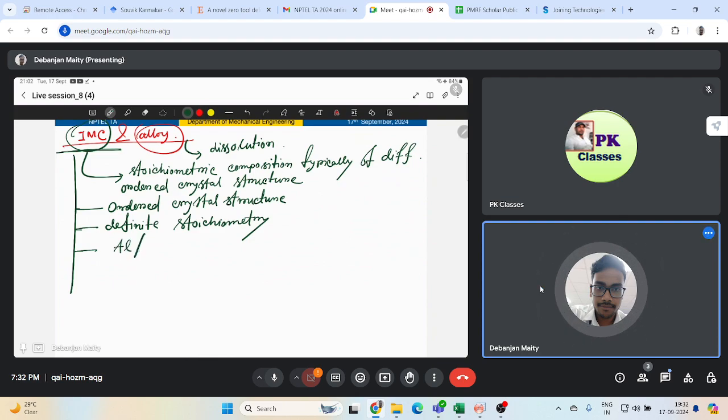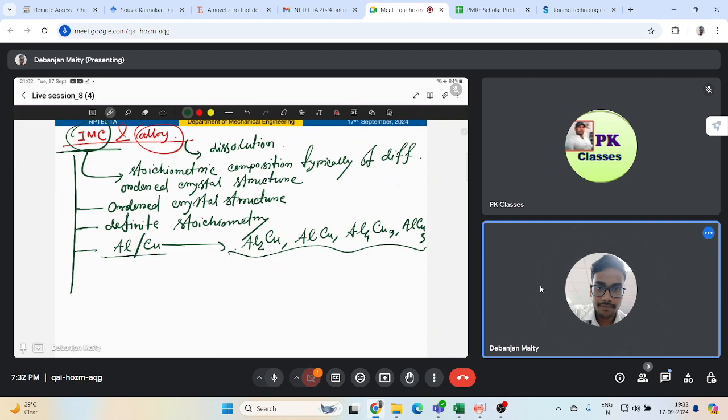For aluminum and copper, there are different IMC phases like Al2Cu, AlCu, Al4Cu9, AlCu3, depending on different proportions of copper and aluminum, and on how fast they diffuse in one another, their cross diffusion.